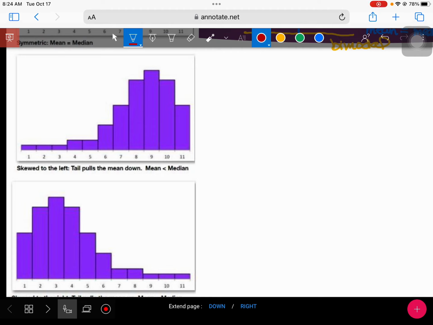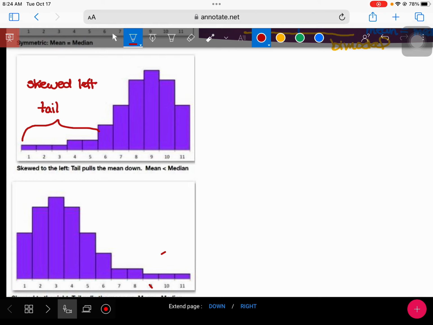I think I did, but maybe not. So this is the tail part. If you imagine this looking like some kind of rodent, like a mouse or a beaver or maybe a raccoon, okay? Whatever direction the tail is, that is the direction of the skew of the graph. So this is skewed left.